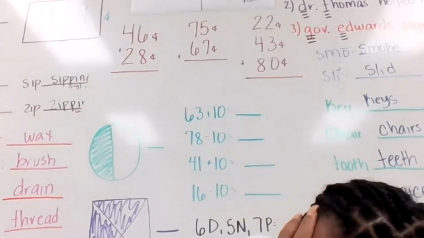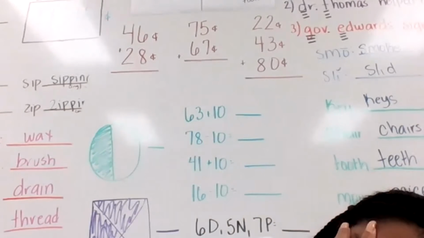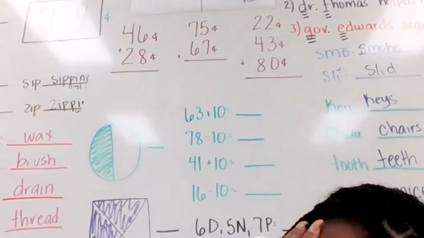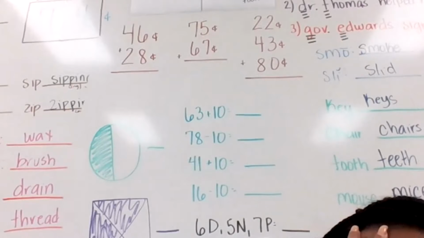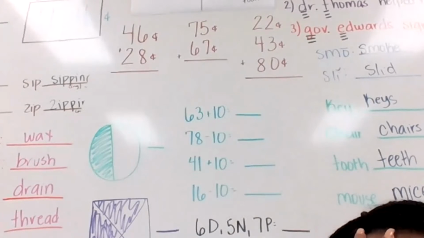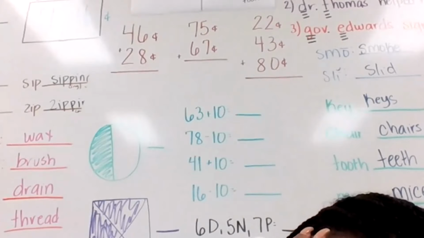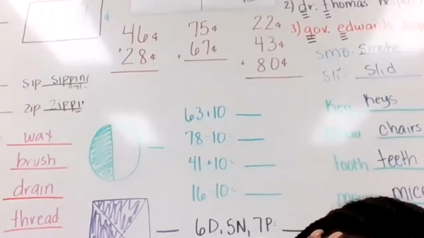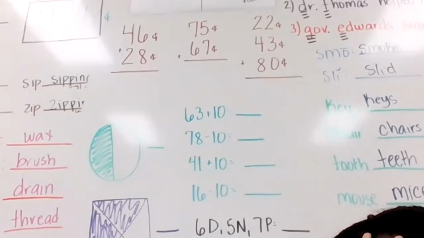1, 10, 11. I have it. Nine, 10, 11, 12, 13, 14.